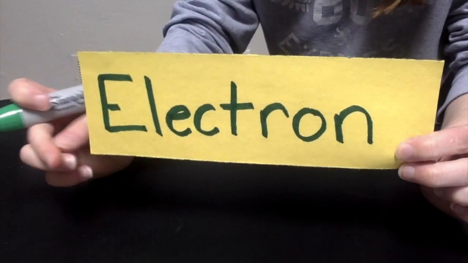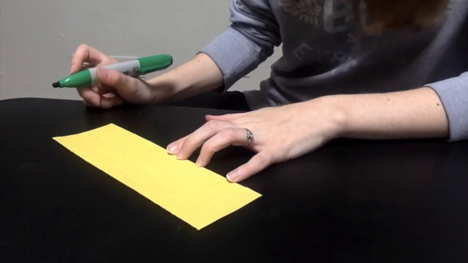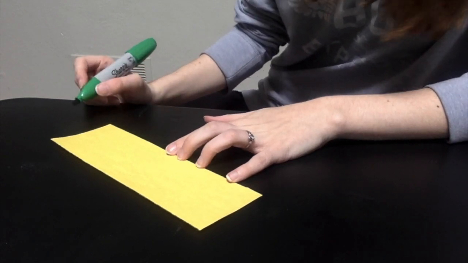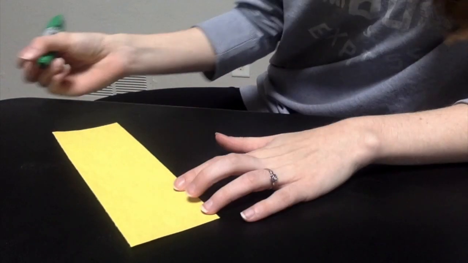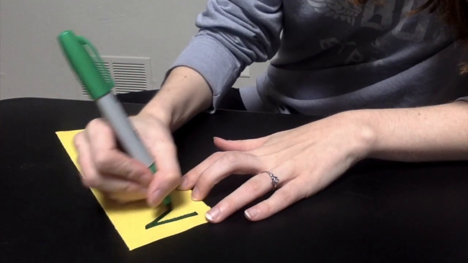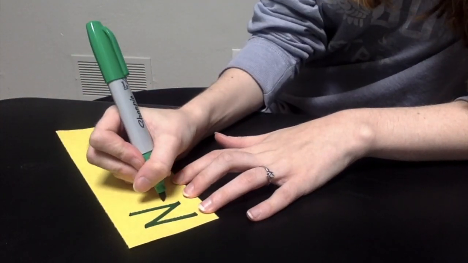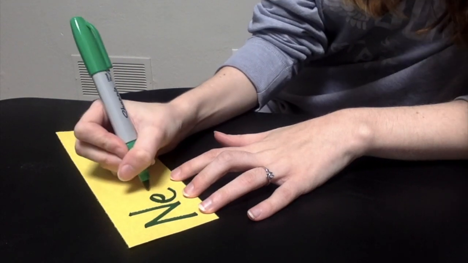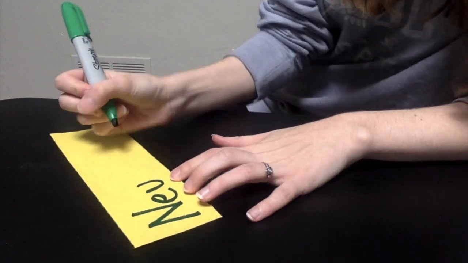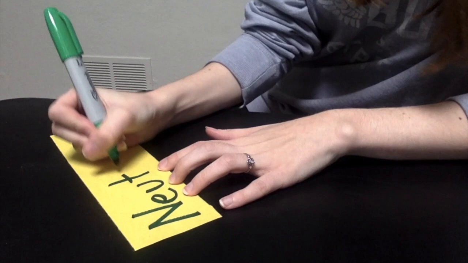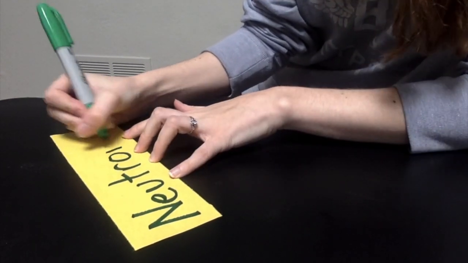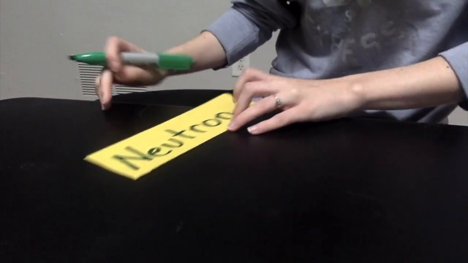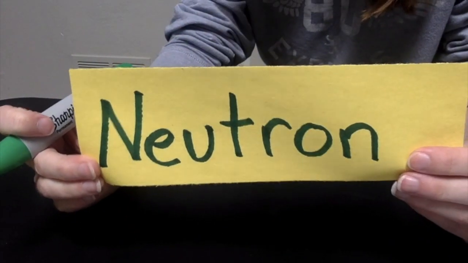Electron. Okay, our next new vocabulary word is going to be neutron. This one is tricky to spell. Watch me. I'm going to spell it N-E... Neutron.